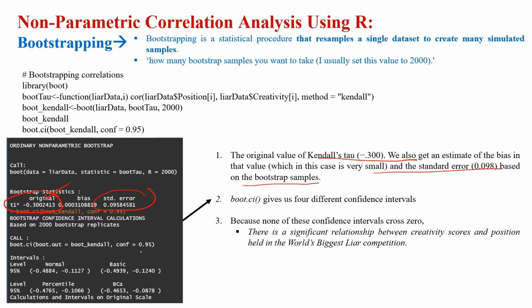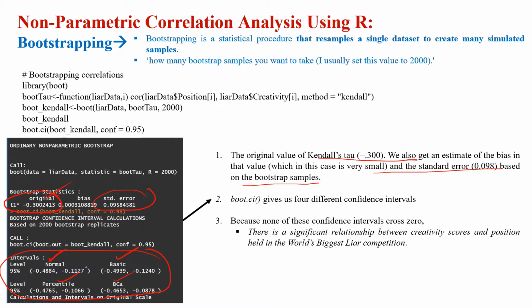In order to check whether this relationship is significant or not, we can use these confidence intervals: norm, basic, percentile, and BCa. If any of these confidence intervals contains the value of 0, then based on that particular confidence interval we can say that there is no relationship between the two variables.